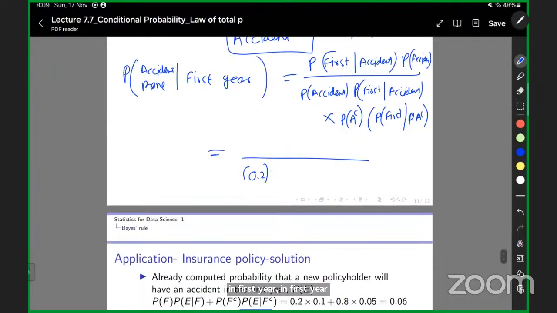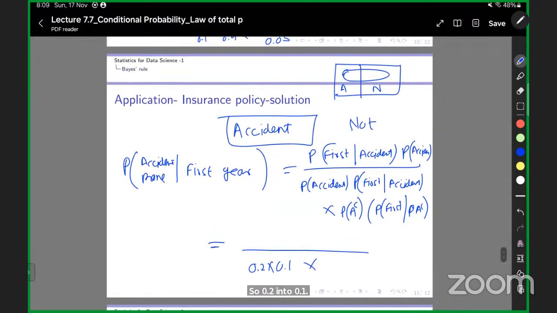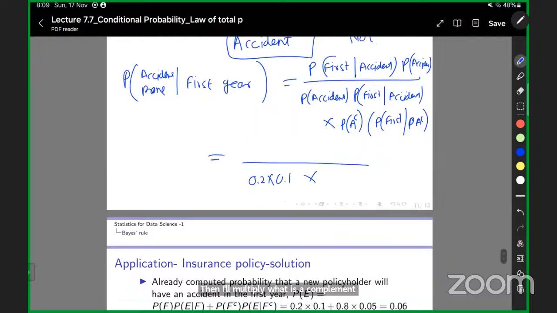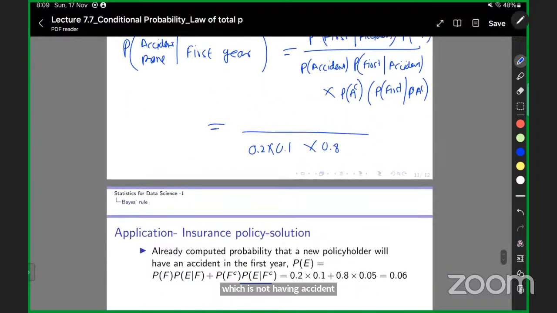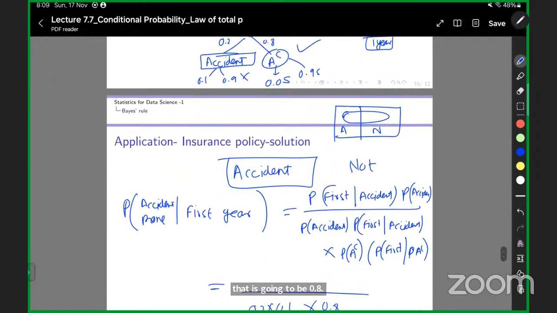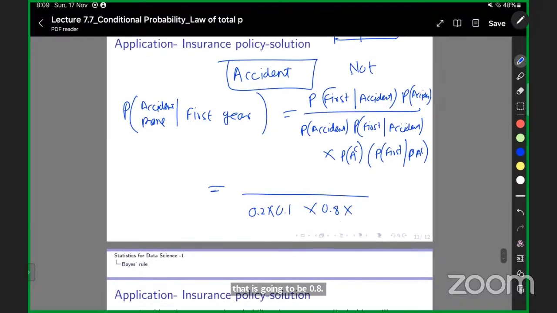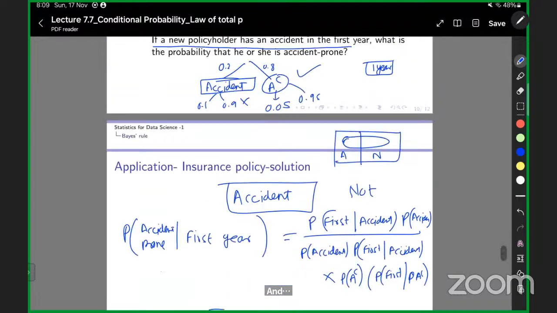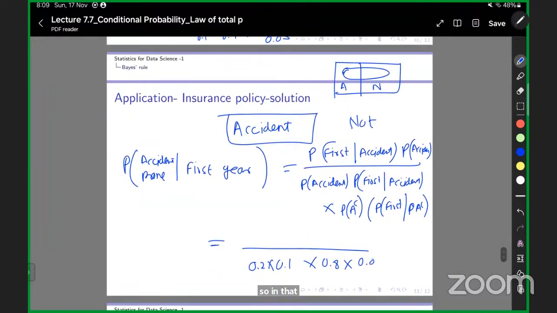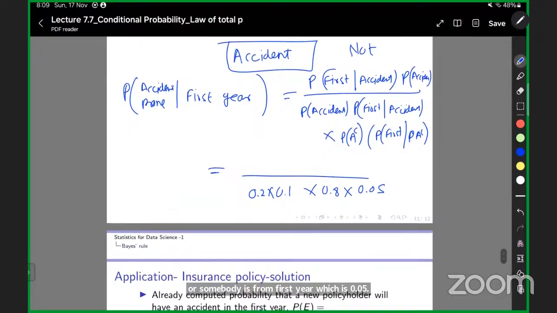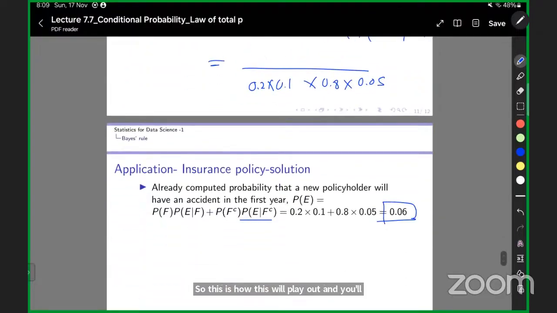This also we know. So 0.2 into 0.1. Then I'll multiply the complement, which is not having an accident. That is going to be 0.8. From this diagram also you can see, and in that somebody is from first year, which is 0.05, right? So this is how this will play out, and you'll have this as the denominator.